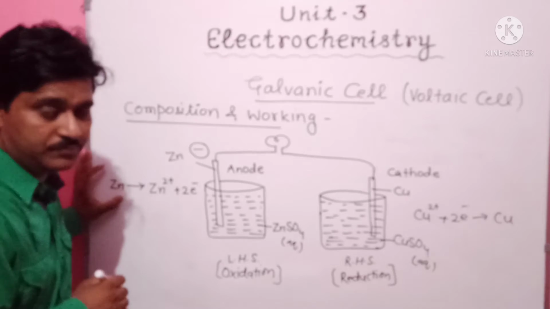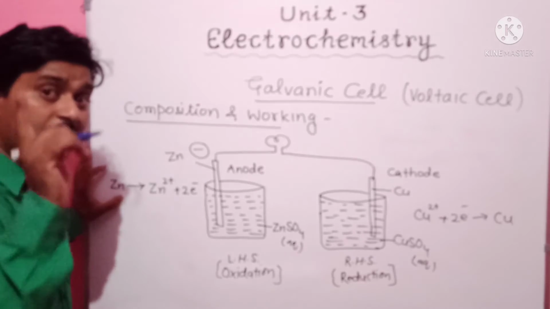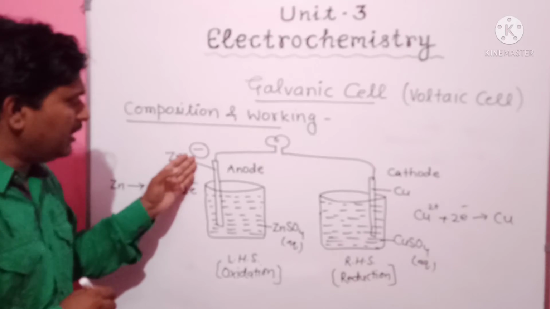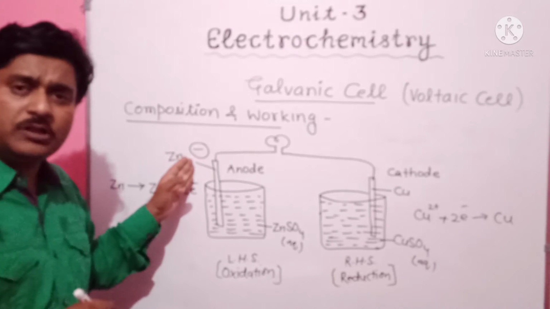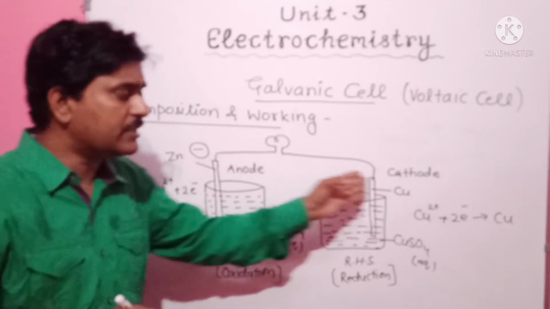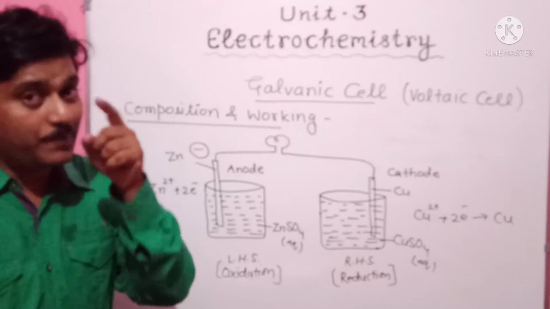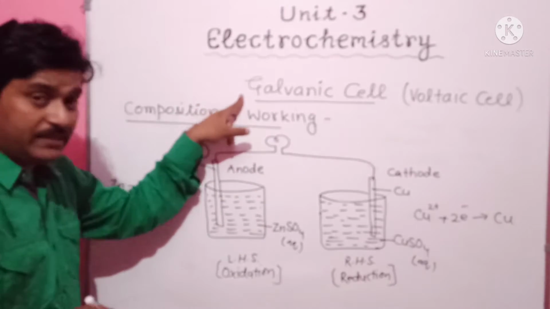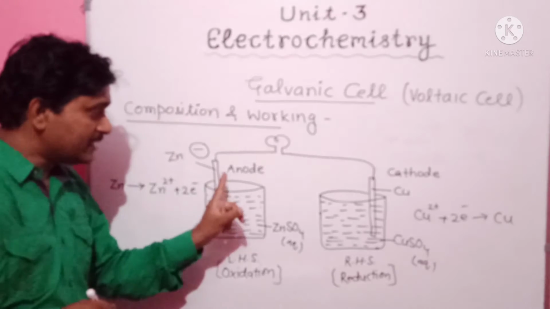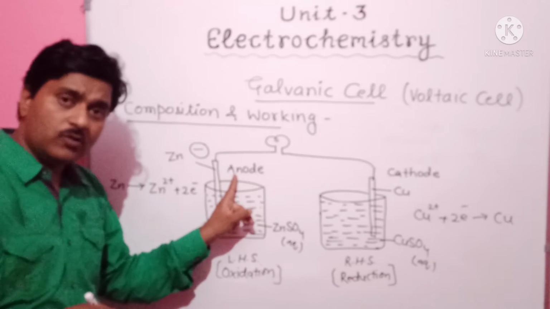Negative electrode. You are familiar that the electrode which is connected to the negative terminal is known as the cathode. That is also right, but in the case of a galvanic cell, what is the anode?